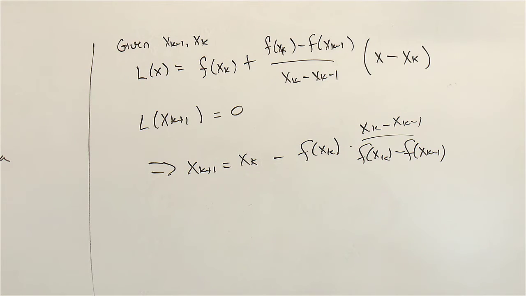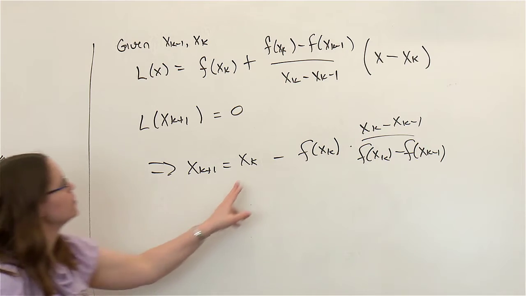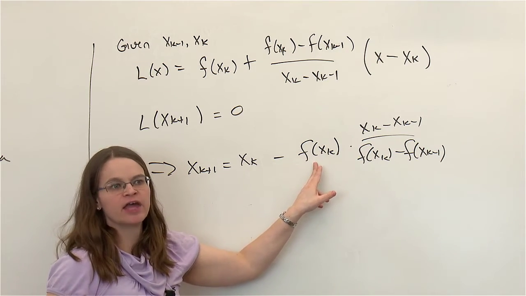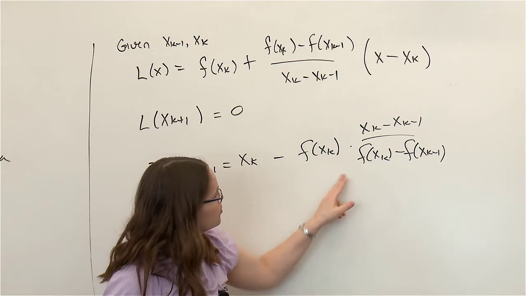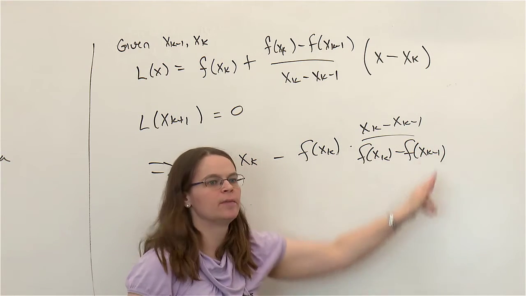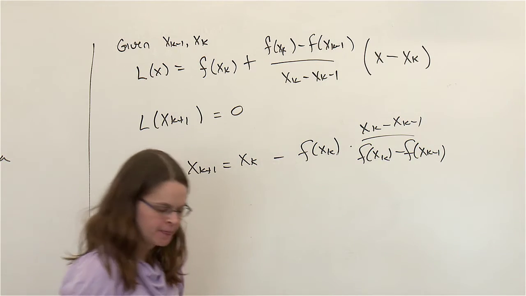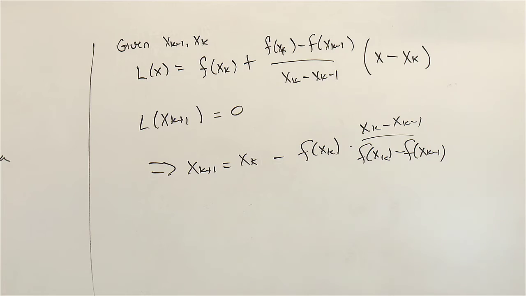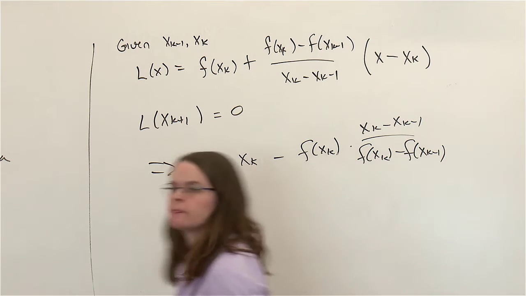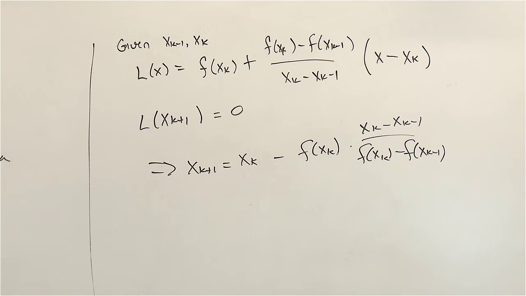It actually feels kind of the same as Newton's method, right? Newton's method was xk minus f of xk divided by the derivative. And now this is divided by some approximation to the derivative.